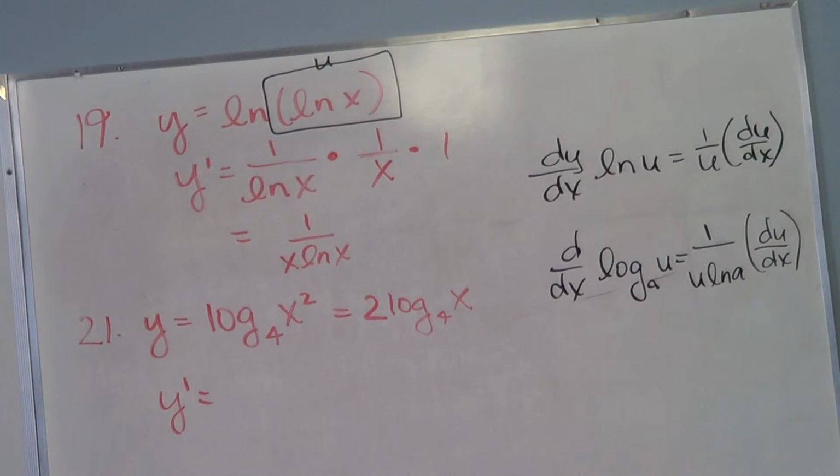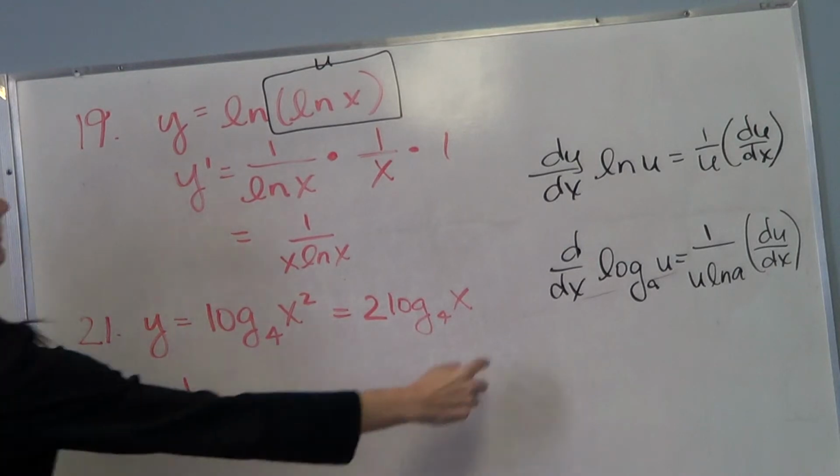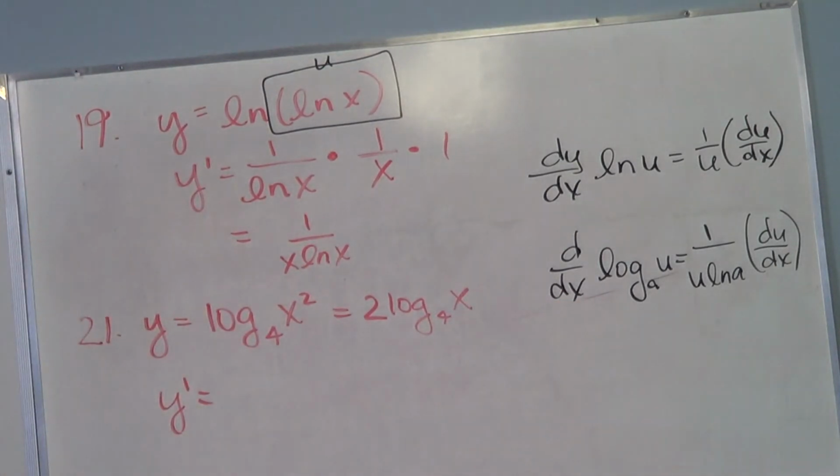So how would you rewrite that? Log base 2 of 1 minus log base 2 of x. Right, so again, this is a constant, it has no variables in it, so the derivative of that would be 0. So we're just finding the derivative of this, and you'll use this one for that.